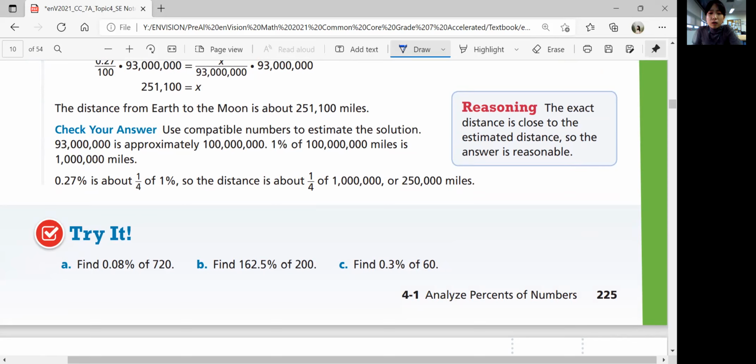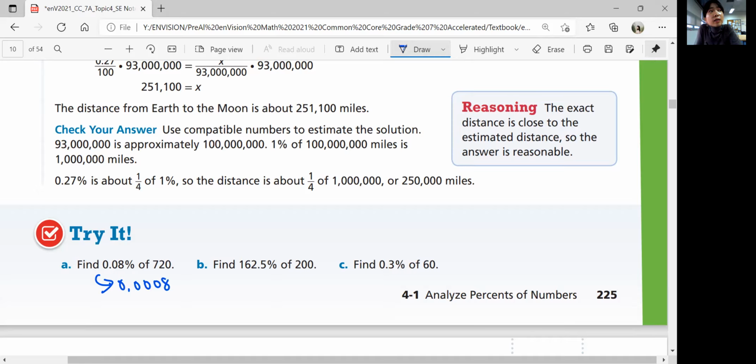Okay. Try it. Part A: find 0.08% of 720. 0.08% is less than 1%, so in decimal this is 0.0008.